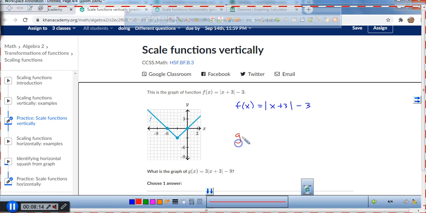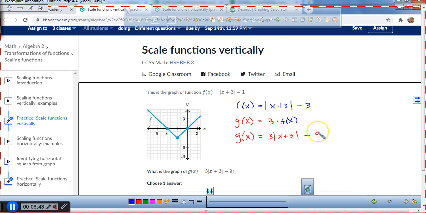It looks like g of x is 3 times the absolute value of x plus 3, minus 9. Let's take a look at this. g of x appears to be 3 times f of x, because if I multiply that by 3 and I multiply that by 3, that's how I get this right here.